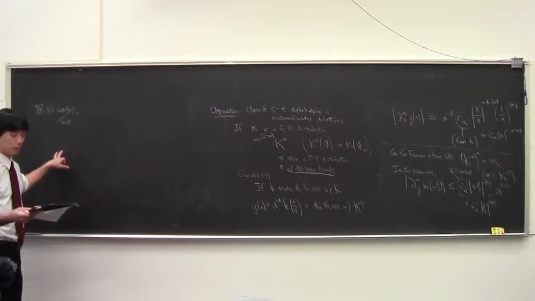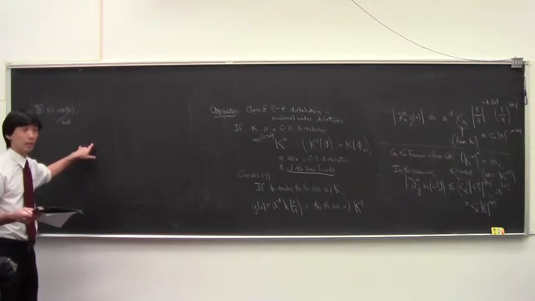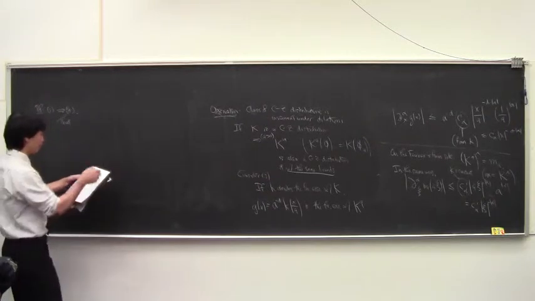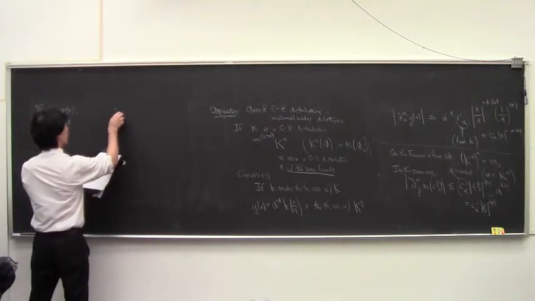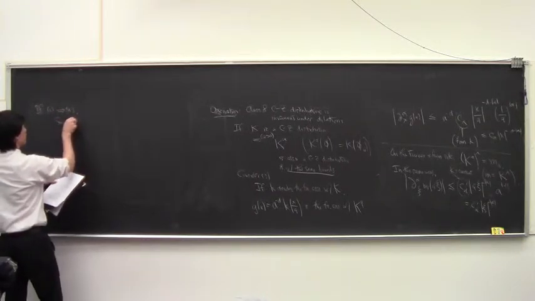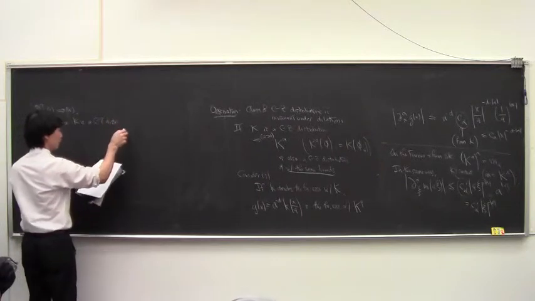So the fact that K is a Calderon-Zygmund distribution means that it satisfies these differential inequalities.